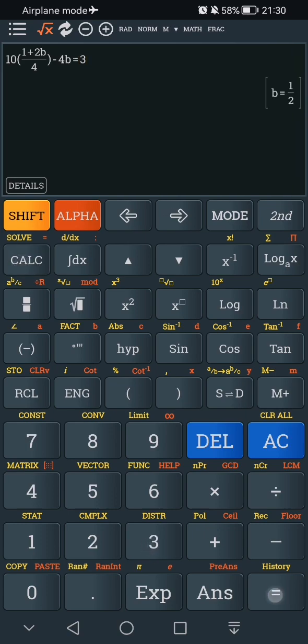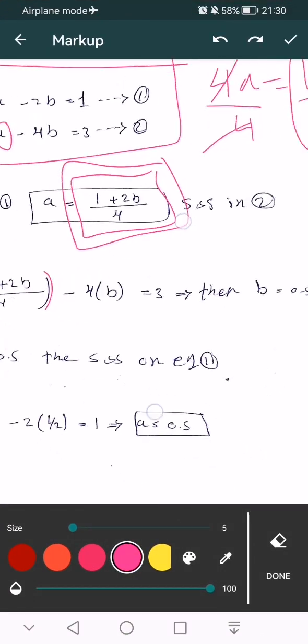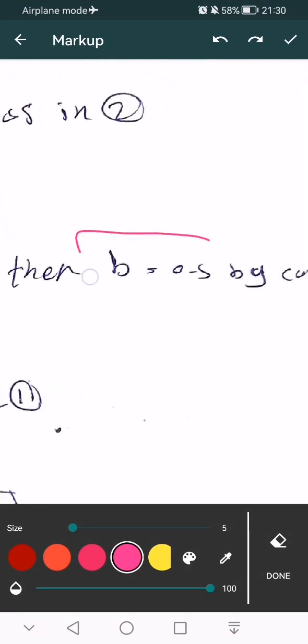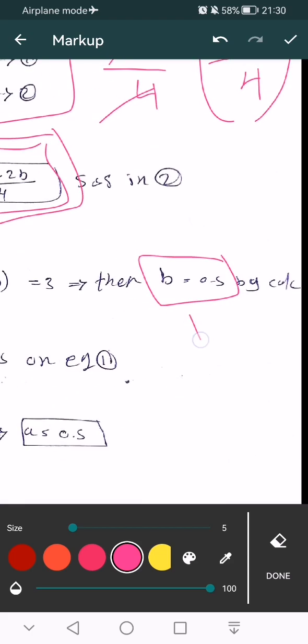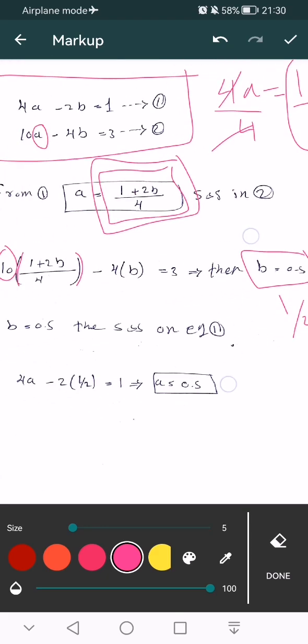Now you can see b is equal to half, which is 1 over 2, the same as what I found. You can write 1 over 2 or 0.5 as you want.